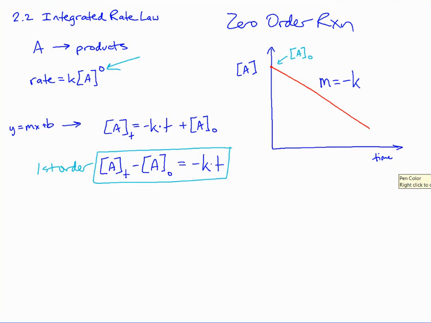So let me write down what these things are so we don't forget. A sub 0 is initial concentration. A sub t equals concentration at time t.